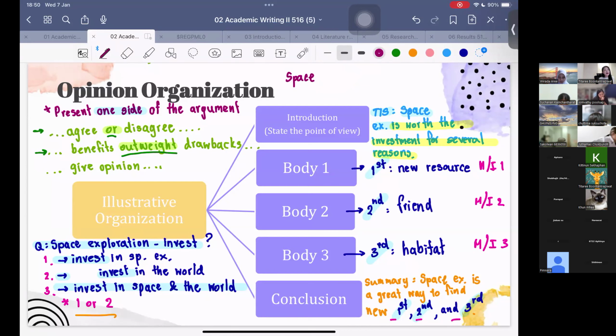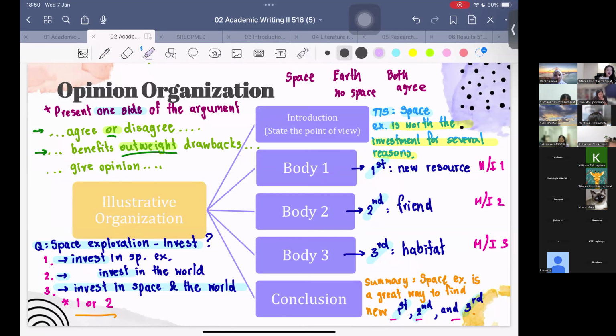So the choices are that we should go for space, or we should not go to space, which means no space exploration, so stay on the earth, or I both agree, so I think we should do both things at the same time. Normally those are the three options you can choose, right?